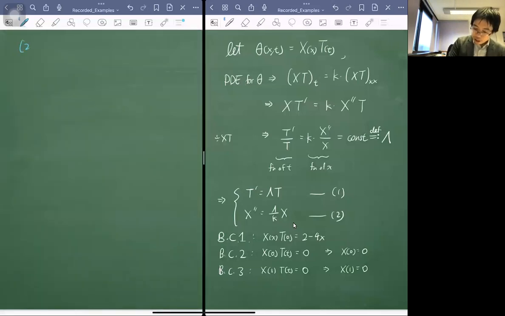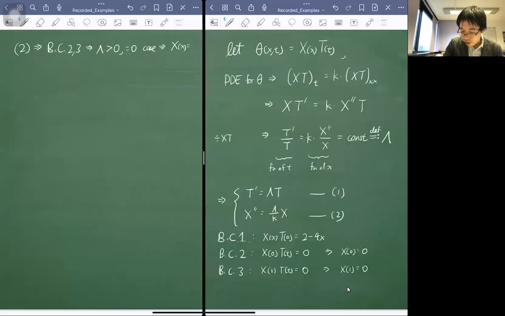Equation 2 would basically be a simple harmonic equation. It depends on what lambda is, and because of these boundary conditions, the boundary conditions 2 and 3 will imply that the lambda larger than 0 and lambda equals 0 cases give X(x) equals 0, which leads to a trivial result.